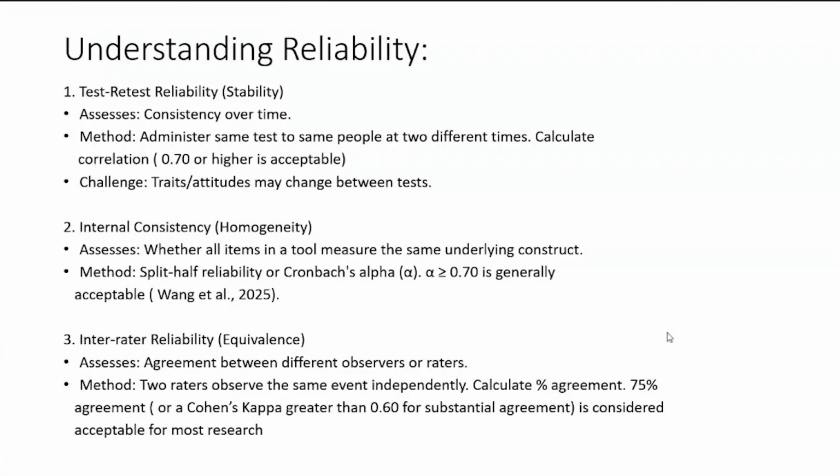Then the third one is the inter-rater reliability. Here we talk of equivalence. Inter-rater reliability is just the agreement between different observers or raters. Like if you're doing an MSc study, for instance, most times before you go into the field, they may ask you to submit your tool or your instrument, your questionnaire, whatever you want to use to collect data, to four different experts.